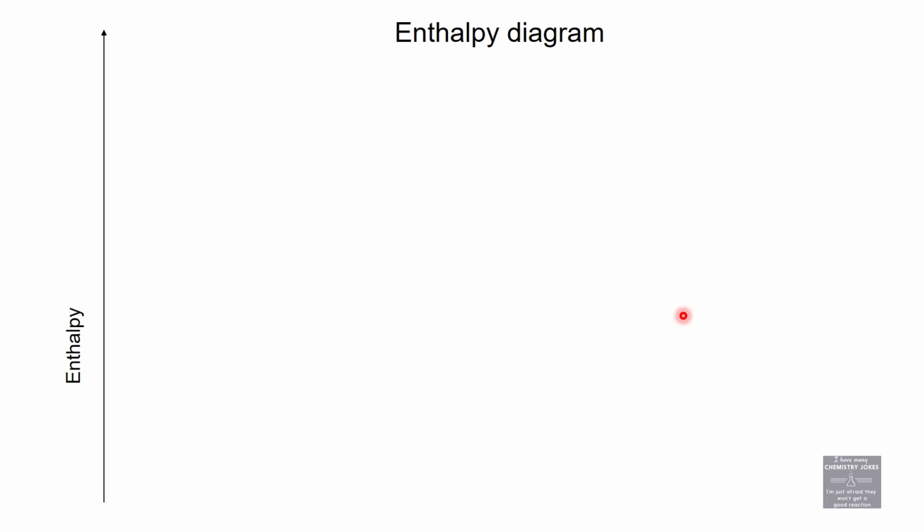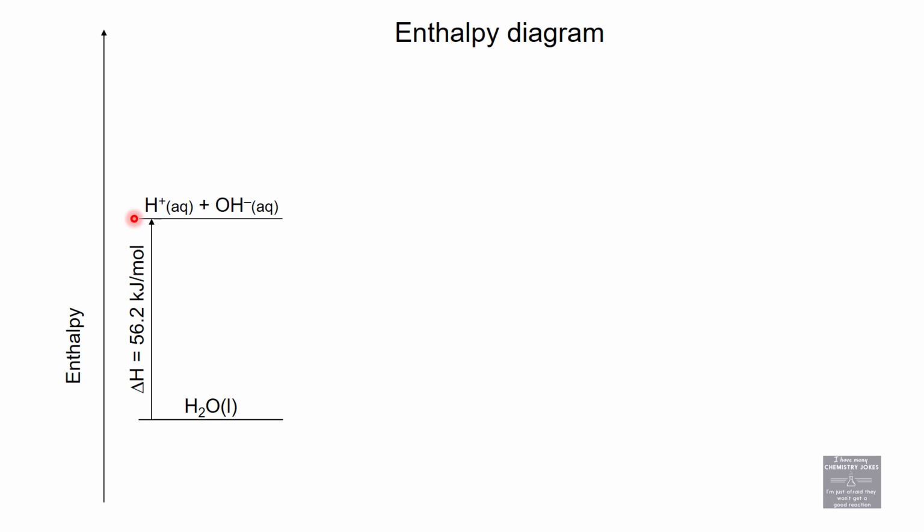So, enthalpies. If we're sitting on this liquid water shelf down here, another transition we could do is break that down into H plus and OH minus ions. That is a thing that happens in water. The enthalpy input for that is endothermic. How do I know that? Because this shelf is higher than that shelf.